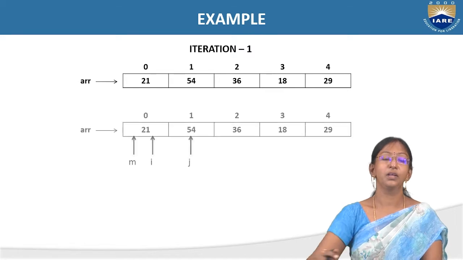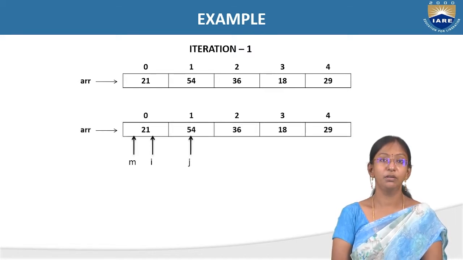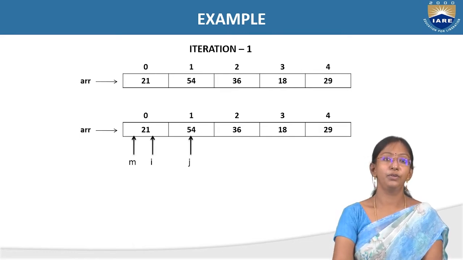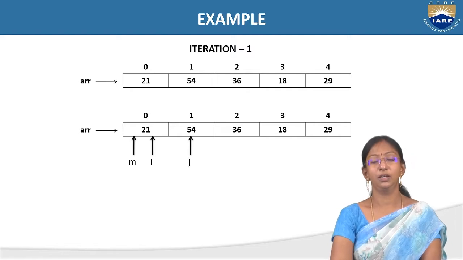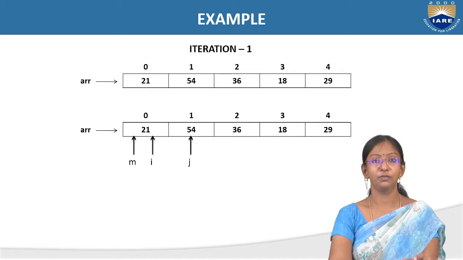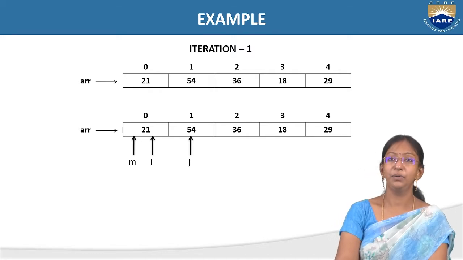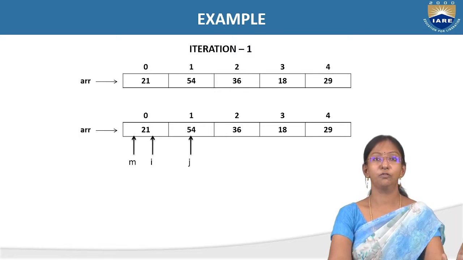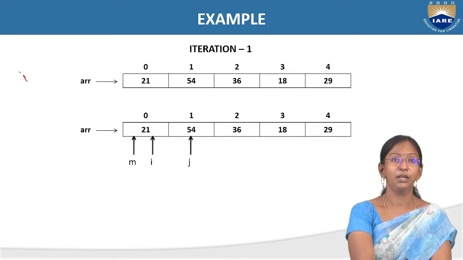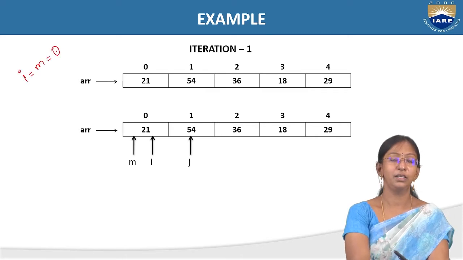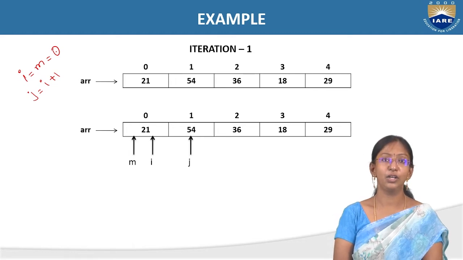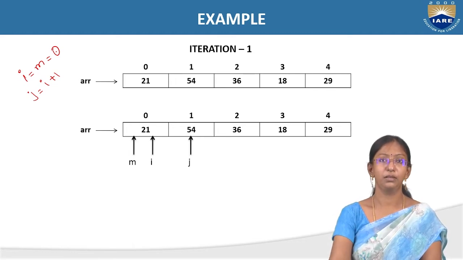I'm going to take 3 pointers, I, J, and M. I will be pointing to the 0th index with the first initialization, and M will also be with I. That is, I and M are initialized at index value 0, and J is positioned just ahead of I, that is, J is equal to I plus 1.